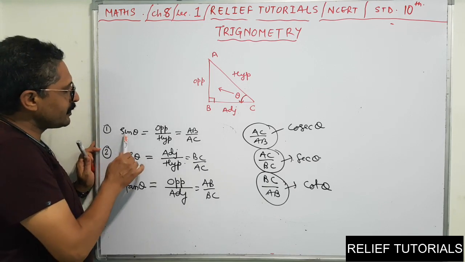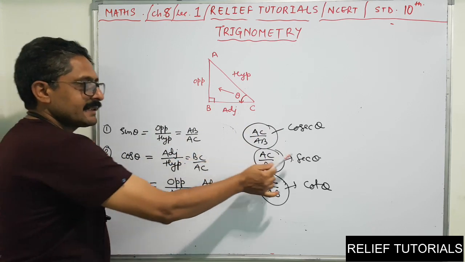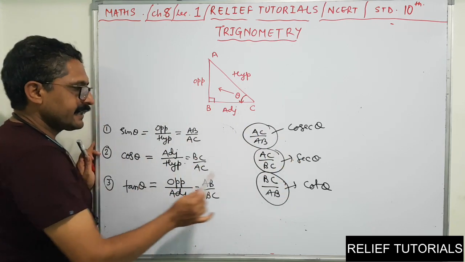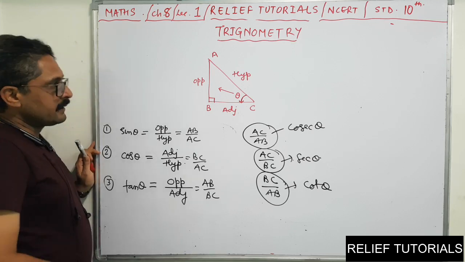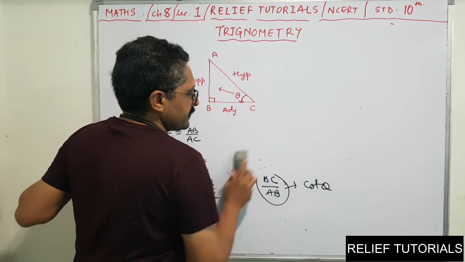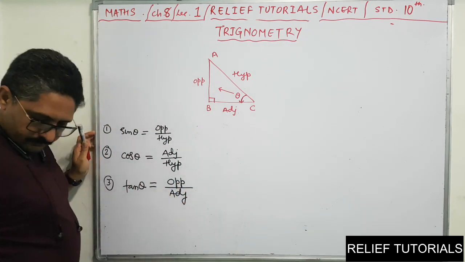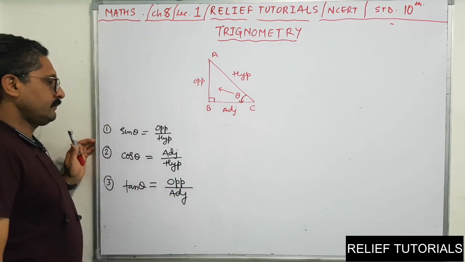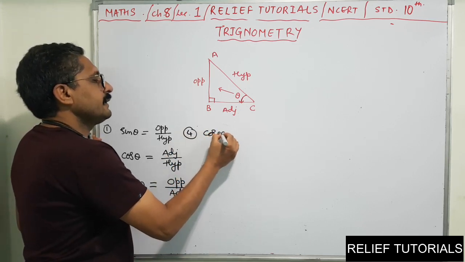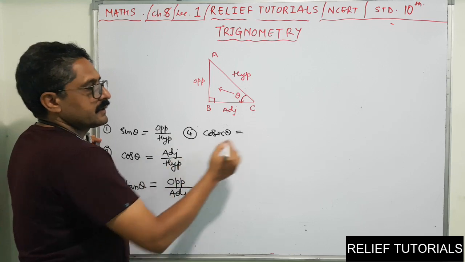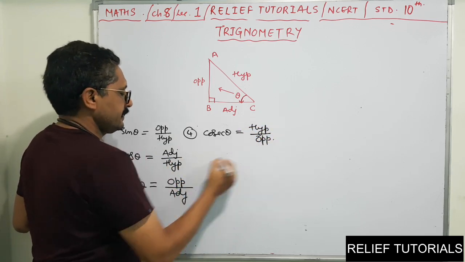So we can say the reciprocal of sine is cosec, the reciprocal of cos is sec, the reciprocal of tan is cot. Have you got it? Remember this. Cosec theta is the reciprocal of sine, so you write hypotenuse upon opposite side.